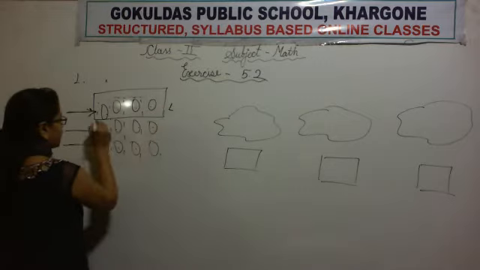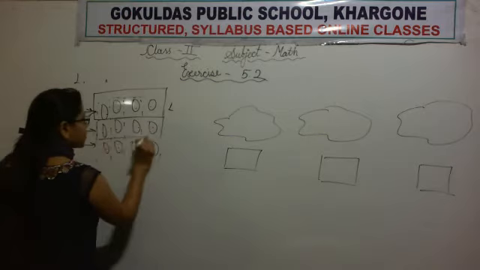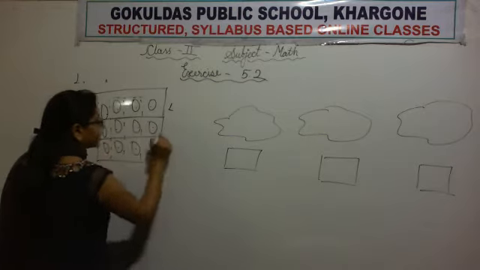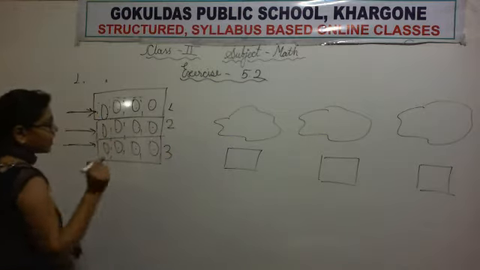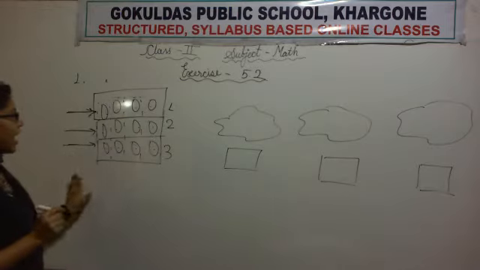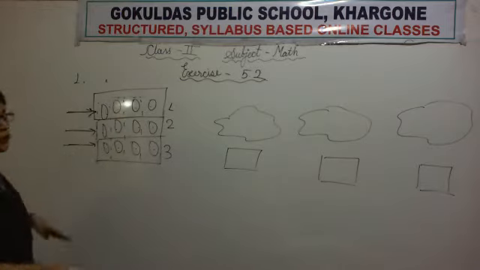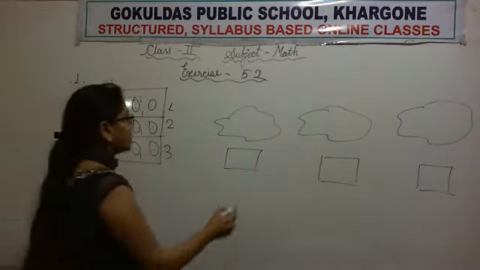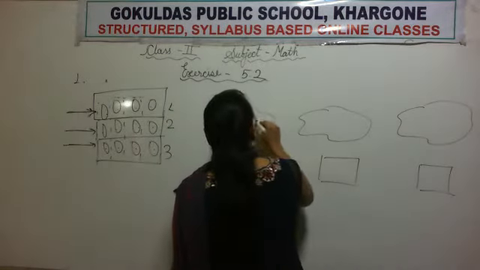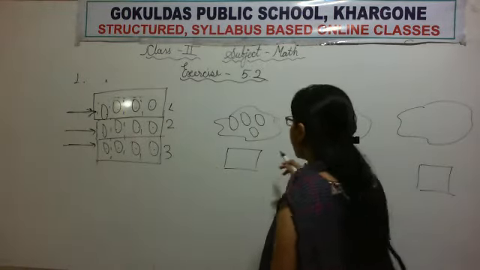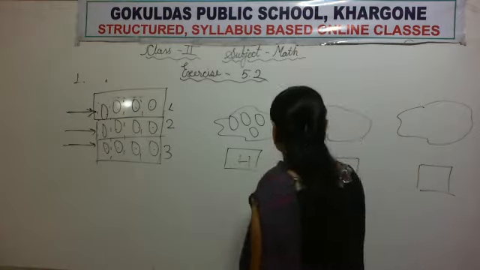So 1, 2 and 3. These 3 groups, and all 3 groups have 1, 2, 3 and 4. So let's put 4 eggs in each nest.